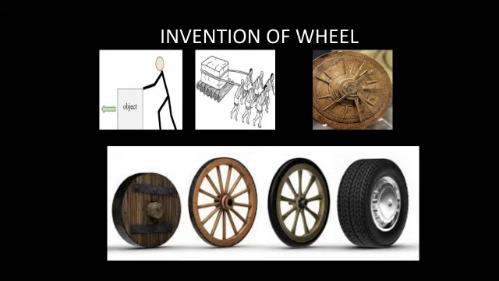Then the log became a disc shaped wheel. The invention of the wheel made a great change in the modes of transport. At the bottom you can see how the design of the wheels was improved over thousands of years. Then animals were also used to pull carts that moved on wheels.